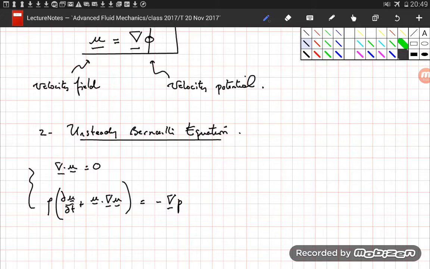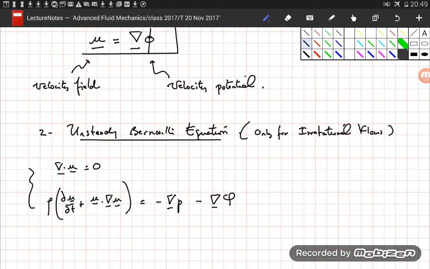Actually, the unsteady Bernoulli equation is only for irrotational flows. So from now on, we only discuss a particular subset of flows which are irrotational. If the flow is irrotational, then the viscous term is equal to 0, because the Laplacian of u is equal to 0. We just discussed that. Therefore, our governing equations reduce to the Euler equations.